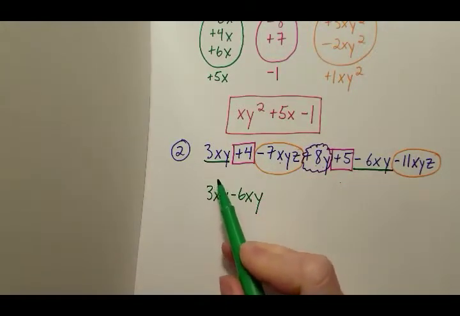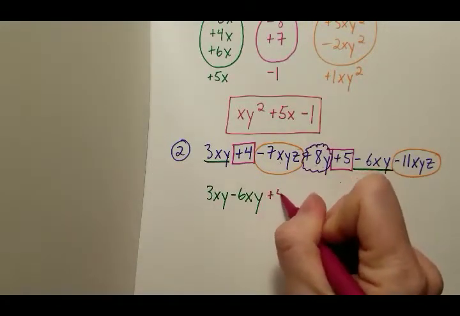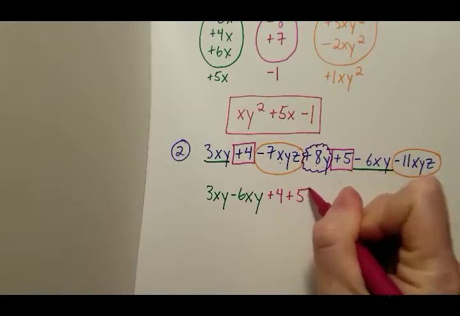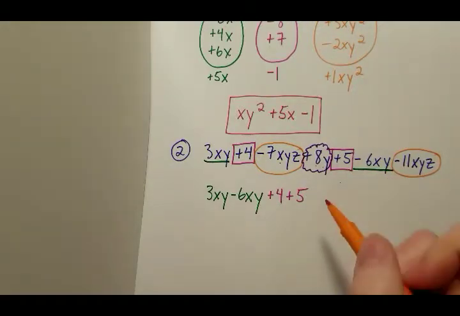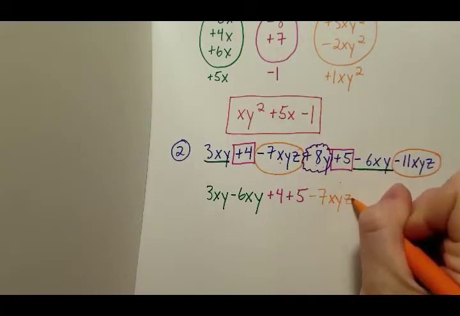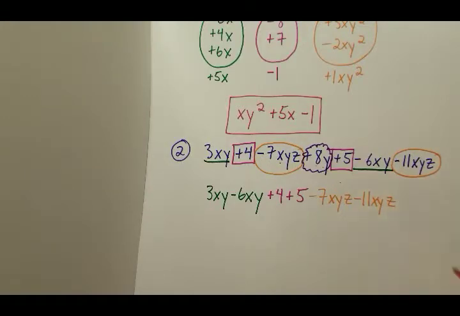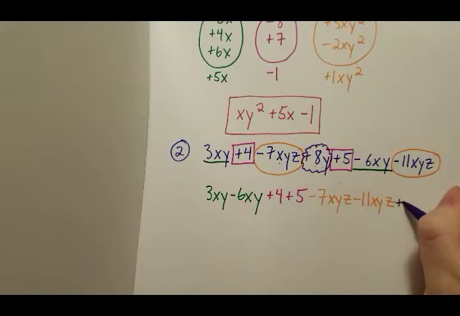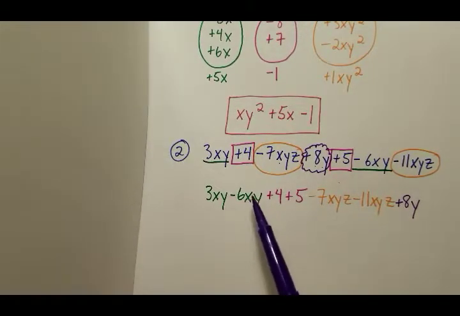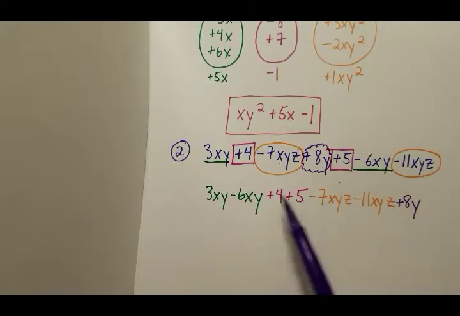So we have 3xy minus 6xy, plus 4 plus 5, minus 7xyz minus 11xyz, and then plus 8y. You want to be careful when you do this that you get every term and don't miss any.